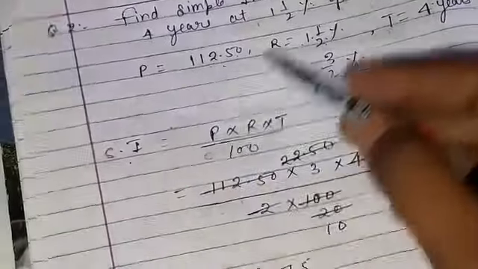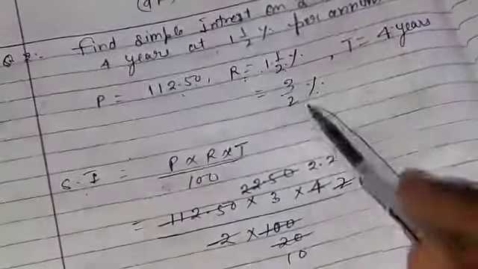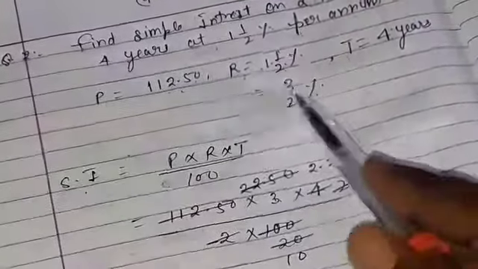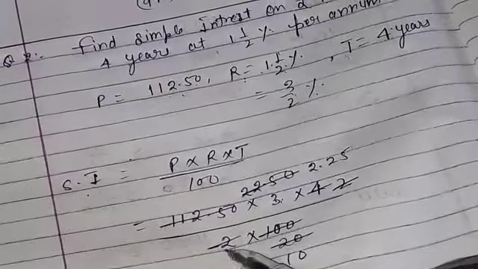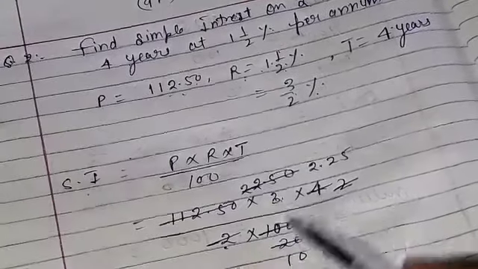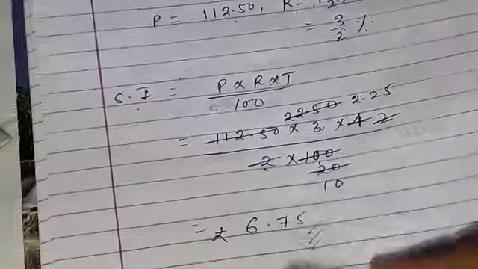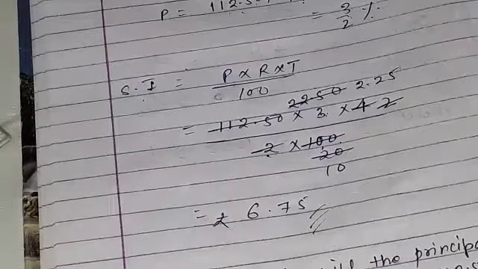So find the SI. Class, you have to find simple interest. So SI is equal to P into R into T upon 100. Your P into R is 3 upon 2 into 4 upon 100. Your numerator should be here and denominator should be here. By solving this you can find your simple interest.